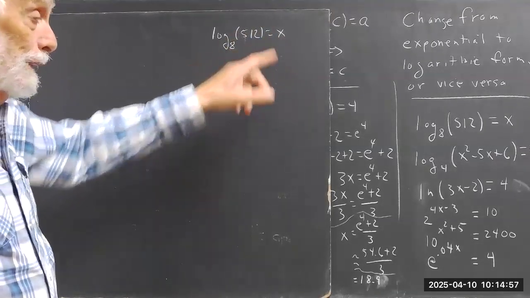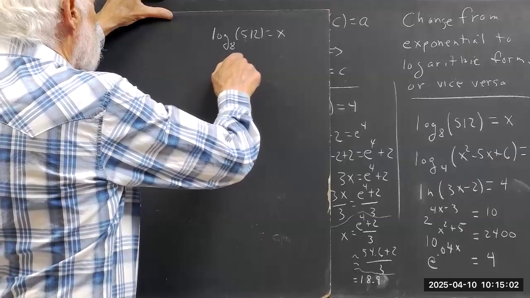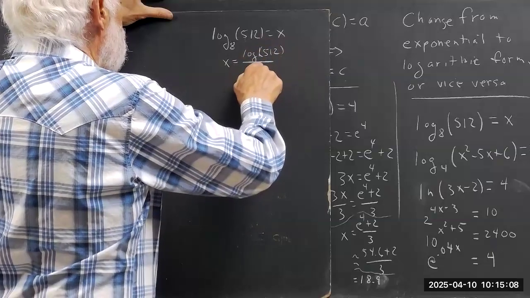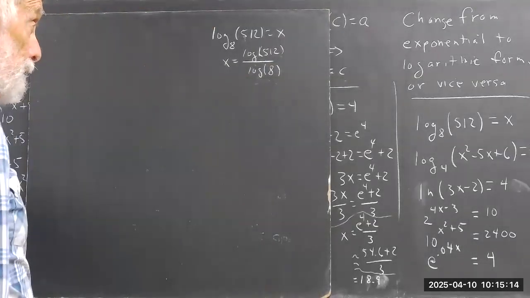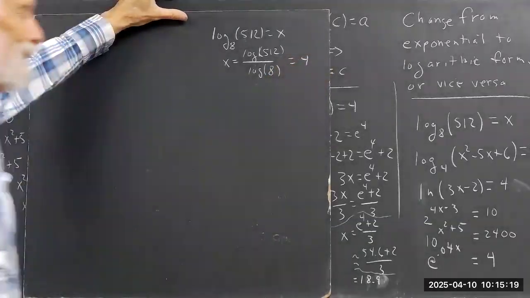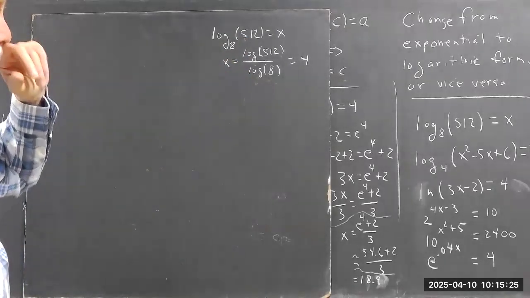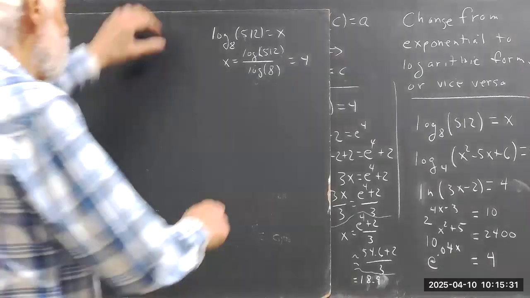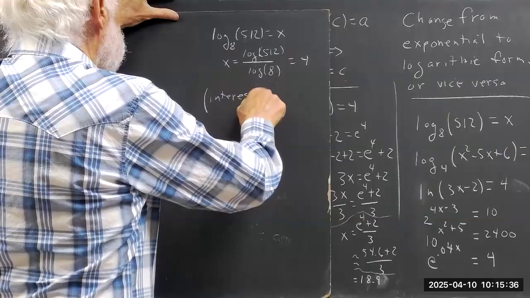All we got to do is do log base 8 of 512. So x equals the log of 512 divided by the log of 8. Well, turns out that's equal to 4. Now you could do that on your calculator. And there's another way to do it. This is interesting.